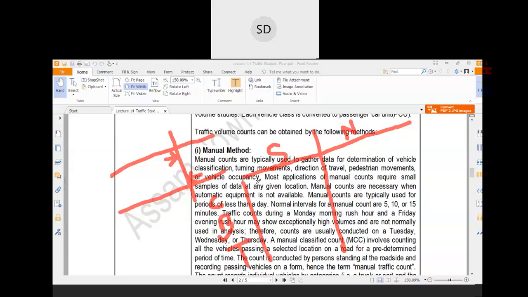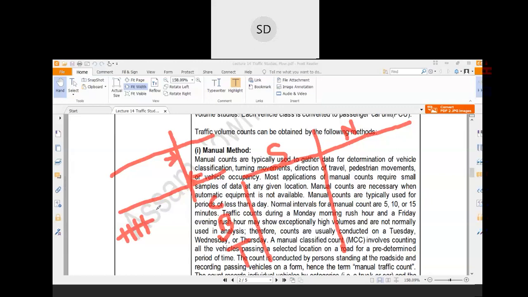So how are these numbers marked? There is also a specific system to mark the vehicles in the manual count method. Suppose you have observed one car, you will mark this as one. Another car, then second one. Another car, third one, another one, fourth one. Then whenever you observe the fifth one, you just cross it.